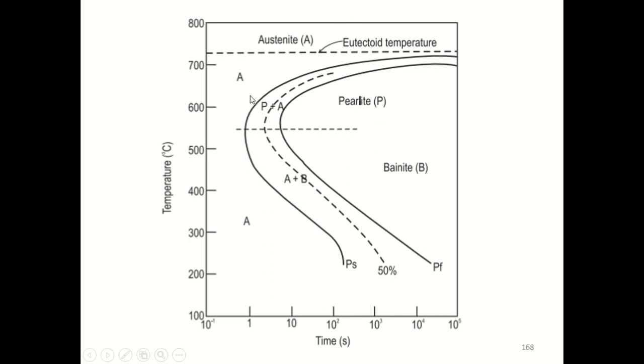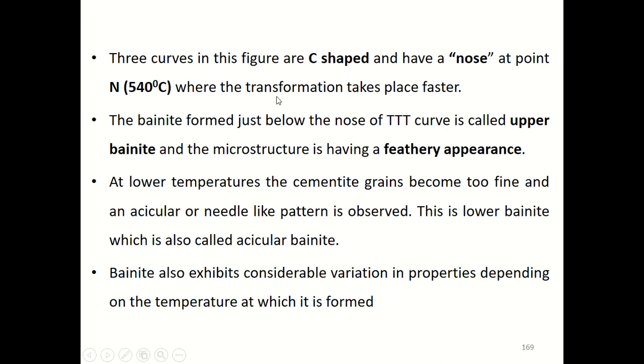Now what I mentioned is slow cooling, and if I am doing a rapid cooling from the eutectoid temperature, what will happen? Let me briefly recap what I discussed in the last slide. The curve in the last figure is C-shaped and has a nose at 540 degrees Celsius where the transformation takes place fastest.